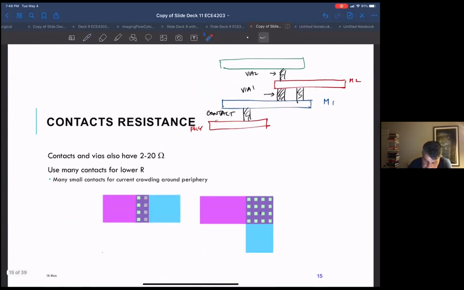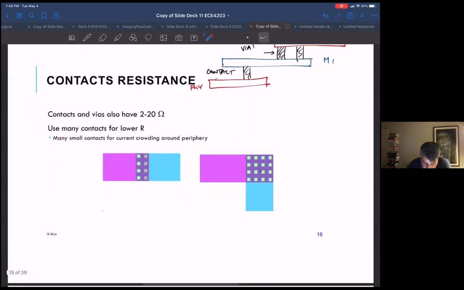Here, each one of these is like 2 to 20 ohms. It's a crazy amount of resistance when you think about it. You bleed and sweat to get this metal line so it only has like 0.1 ohm of resistance from A to B, and then you drop this contact that has 10 ohms of resistance, and it ruins all your work.